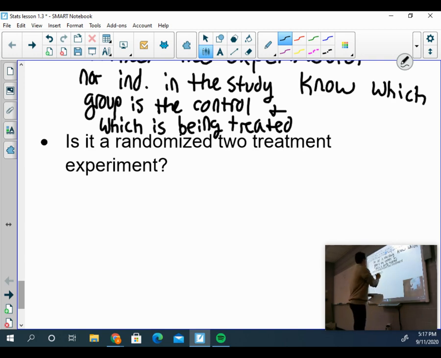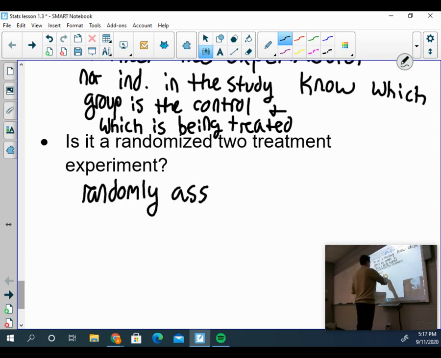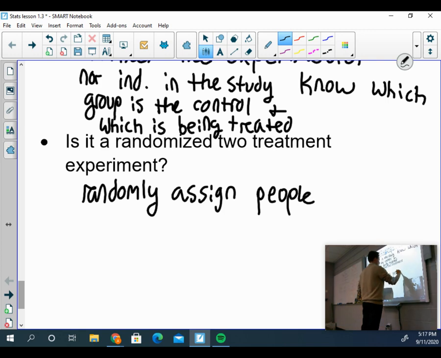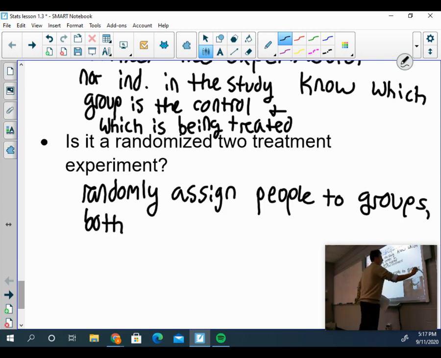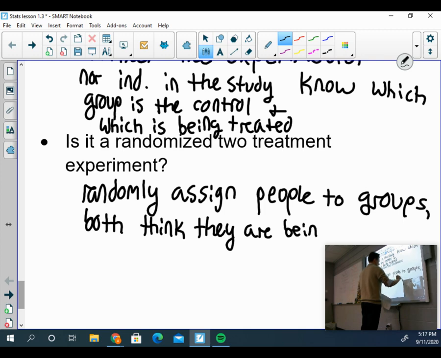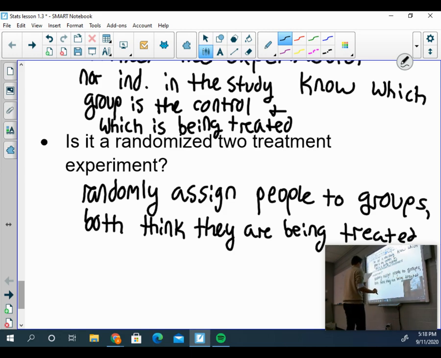That is when we randomly assign people to groups and both think they are getting treated, and we compare the results.